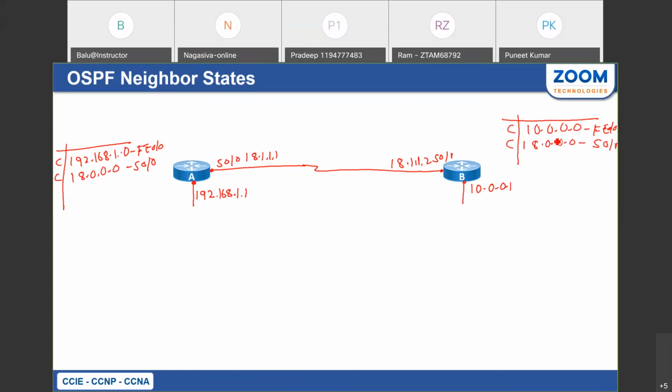This is the routing table. Now between routers A and B, how the database and routing tables are exchanged, we will discuss clearly. This process happens in OSPF's 7 states. Let me discuss the OSPF 7 states clearly.